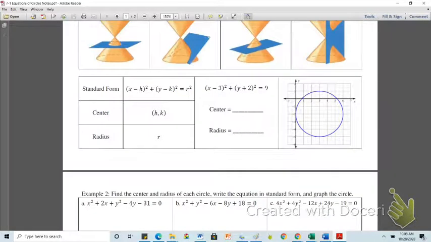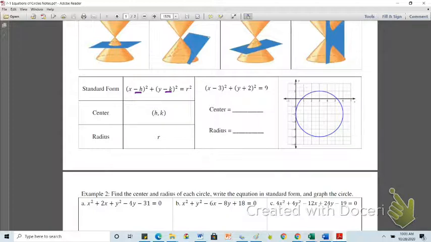So standard form for a circle is (x minus h) squared plus (y minus k) squared equals r squared, where (h, k) is my center. Notice that it is the opposite of what is in there that I bring out as my center. Just like when we did transformations, when it's with the x, it came out as the opposite.